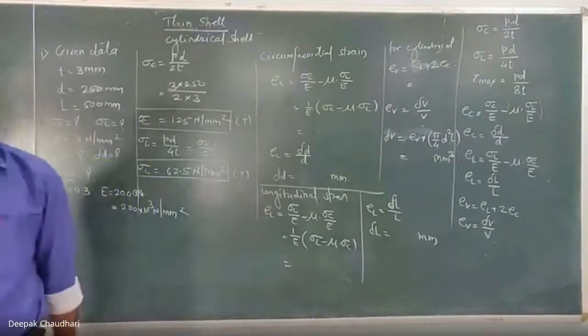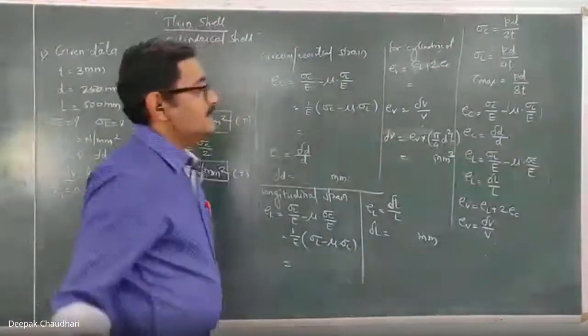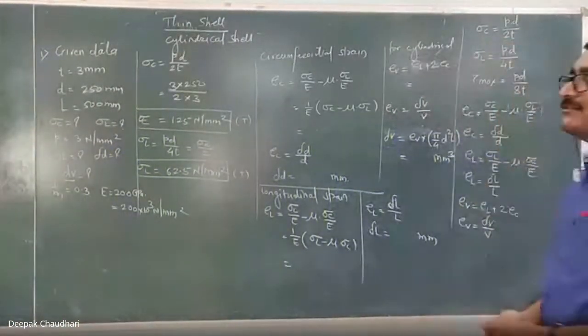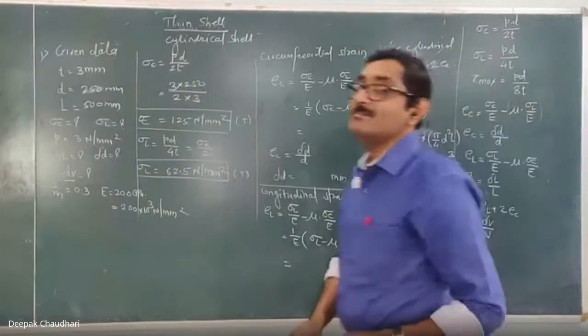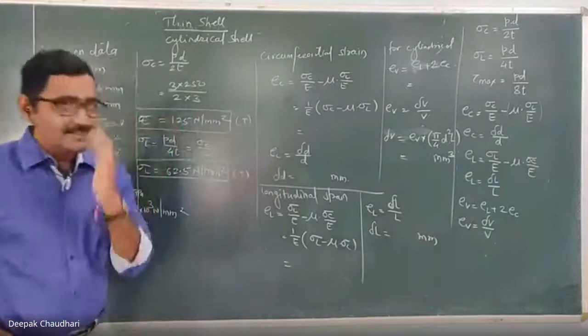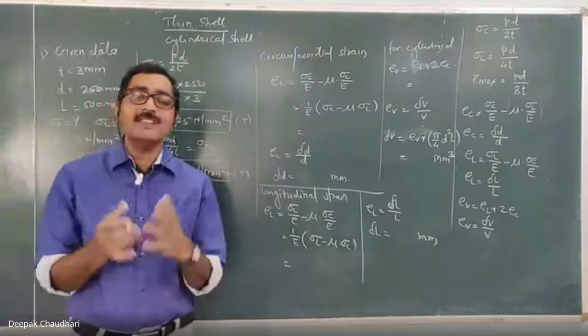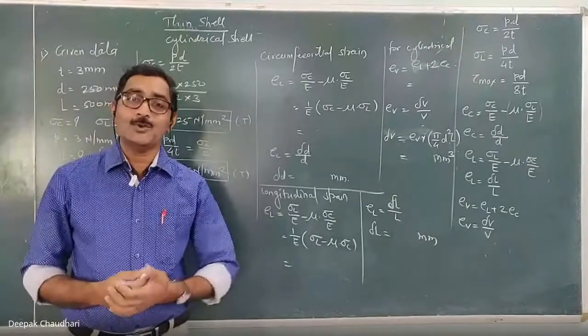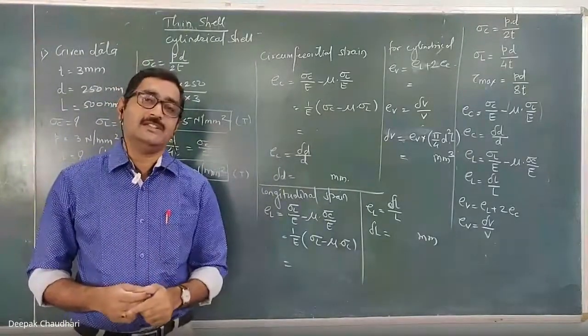Now, the next part is, yesterday I told you that these are the stresses and strains when we consider the seamless tube. This cylindrical shell is a seamless shell. There is no seam, there is no joint, or even if there is a joint, it may be a welded joint whose strength is more than the parent material.